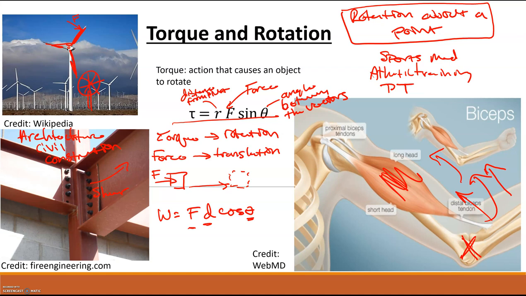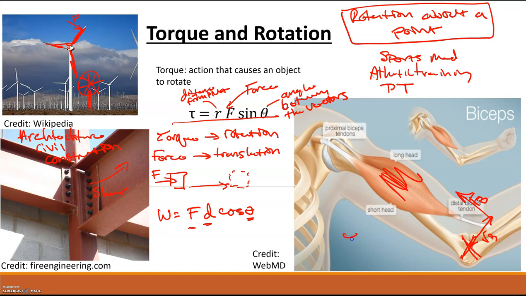And so we have a force, the force of the bicep here. I'm going to get rid of these. We've got the force of the bicep here. We have a distance R from the pivot point, the elbow joint. So that's R, we'll say the bicep.